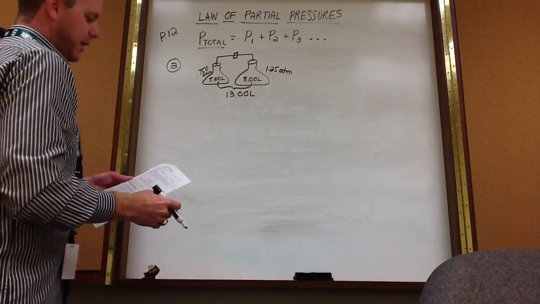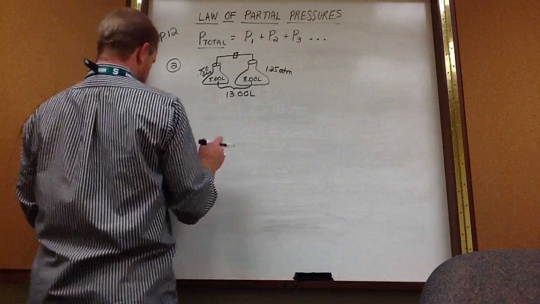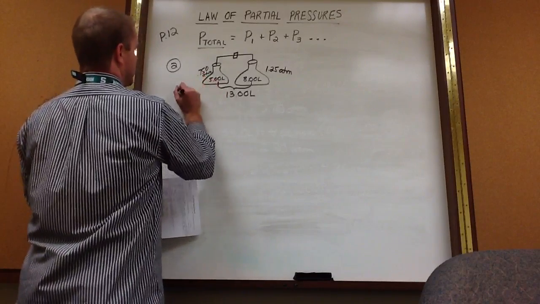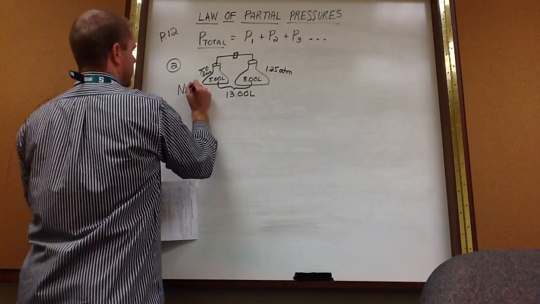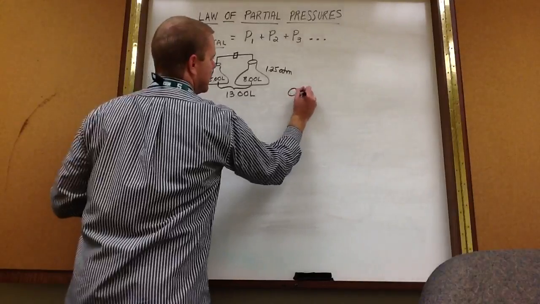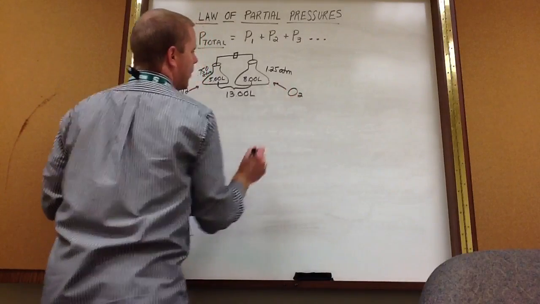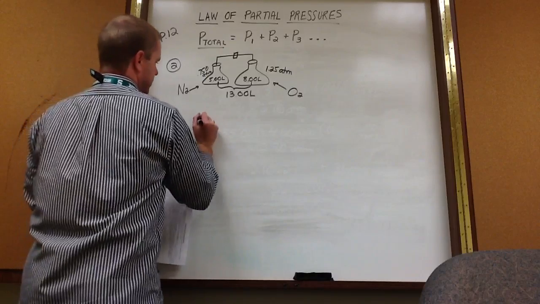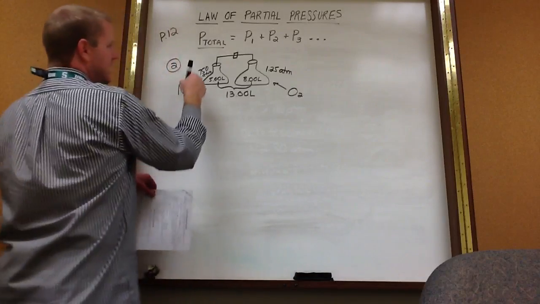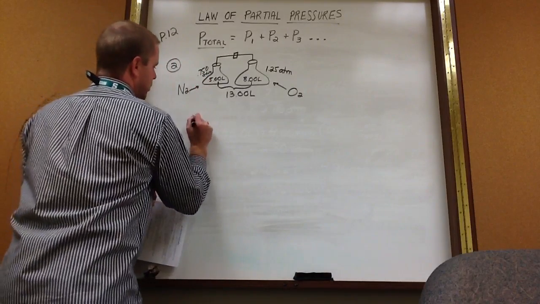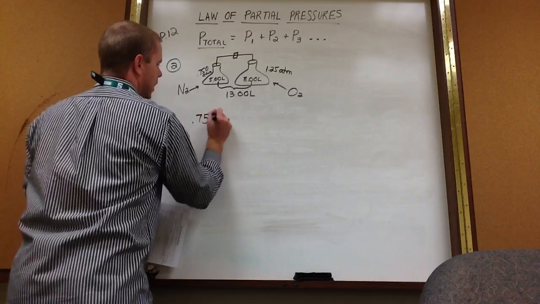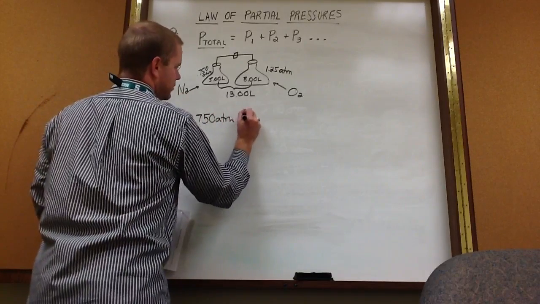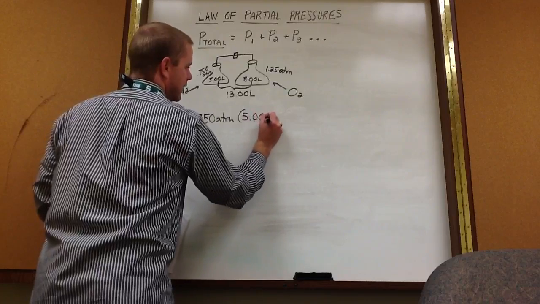Well, this just becomes Boyle's law, and here's what you do. The nitrogen is in this one, and the oxygen is in this one. But when you open that up, they're going to start to mix. So here's how we do it. Initially, the pressure is 0.750 atm for the nitrogen, and initially it's in a 5-liter container.